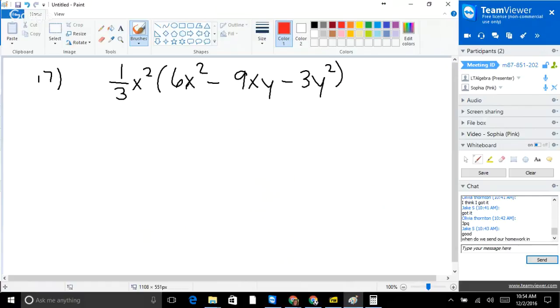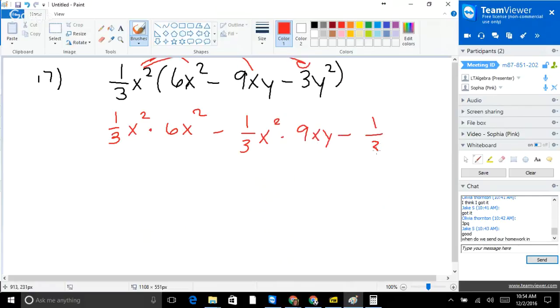Well, to get rid of the parentheses, you're going to use my favorite property. You're going to distribute it. So it's going to be 1/3 x squared times 6x squared minus 1/3 x squared times 9xy minus 1/3 x squared times 3y squared.